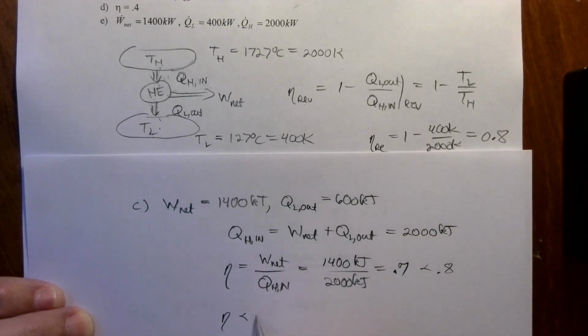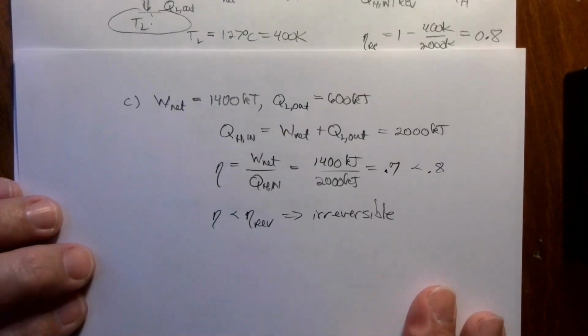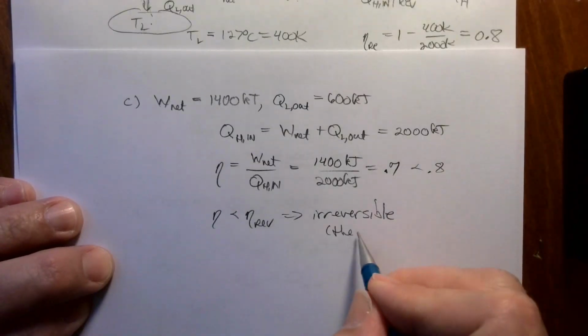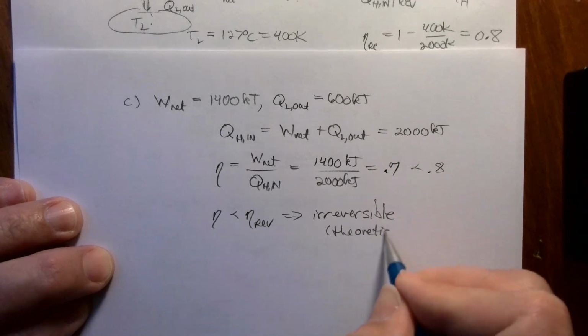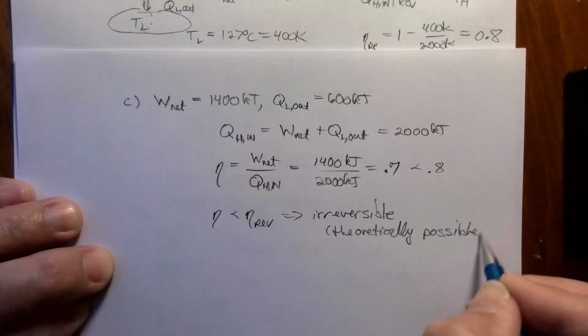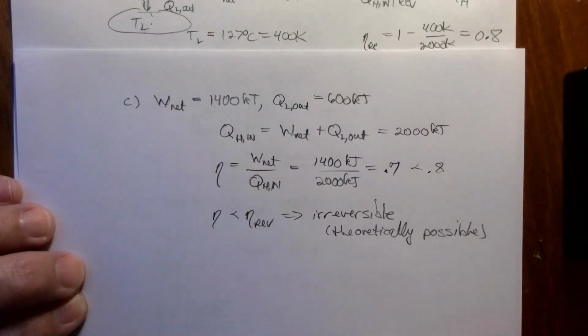So the efficiency is less than the reversible efficiency, which implies that this is a possible, irreversible device. So I will call this theoretically possible. It does not violate the second law.